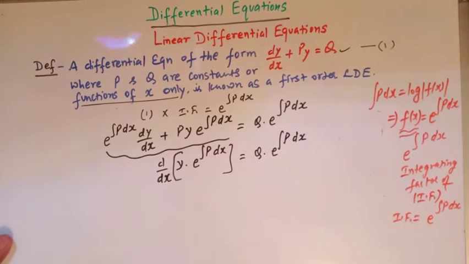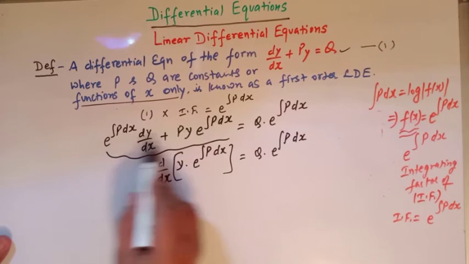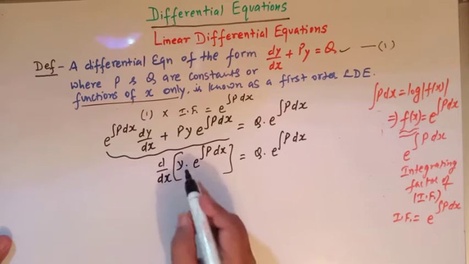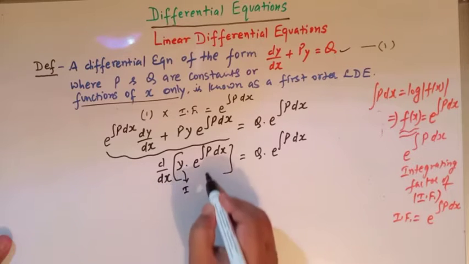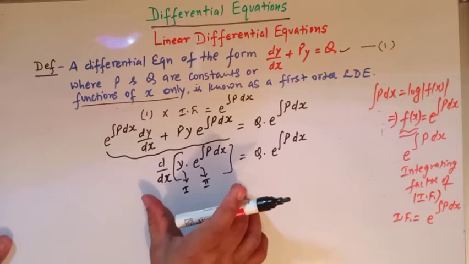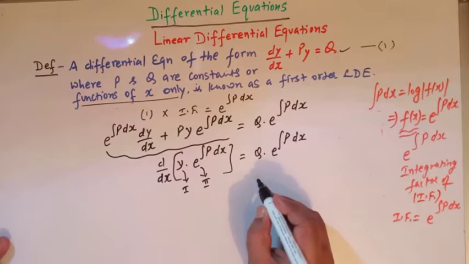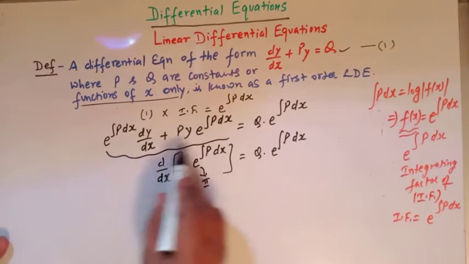Clear? So this expression is expressed like this because if we take this as the first function and this as the second function, and if we apply the rule of derivative of product of two functions, we'll get this expression.